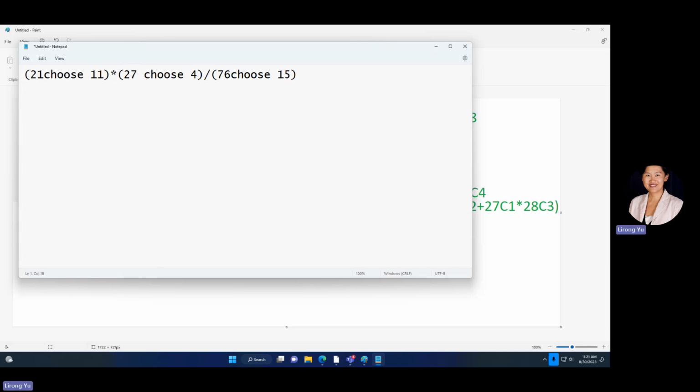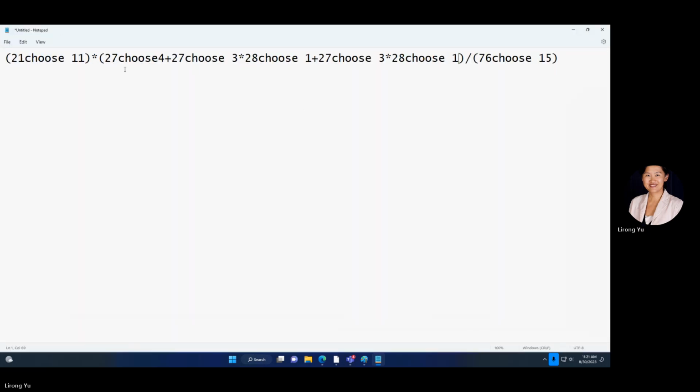Well, with a calculator, you multiply by 7 choose 3 times 20 plus 3 choose 2.